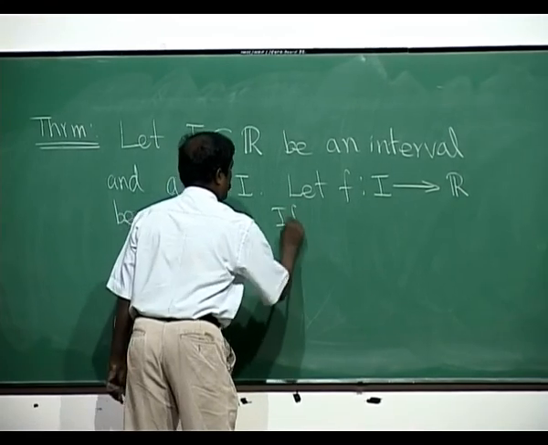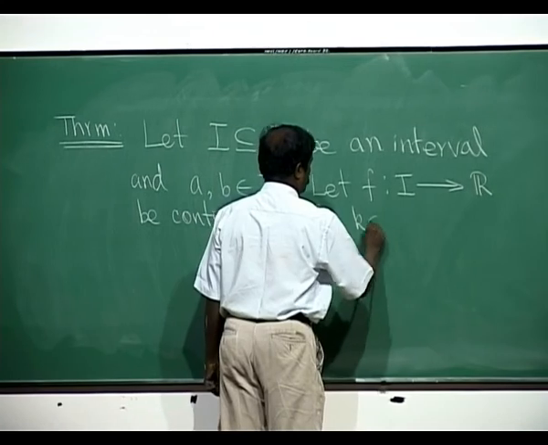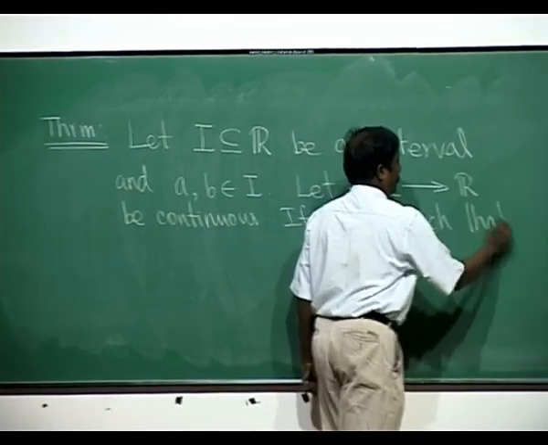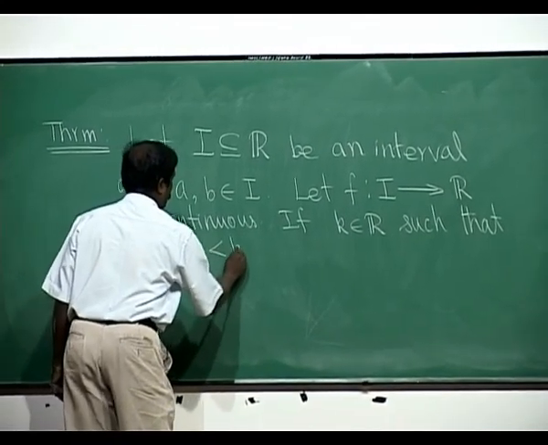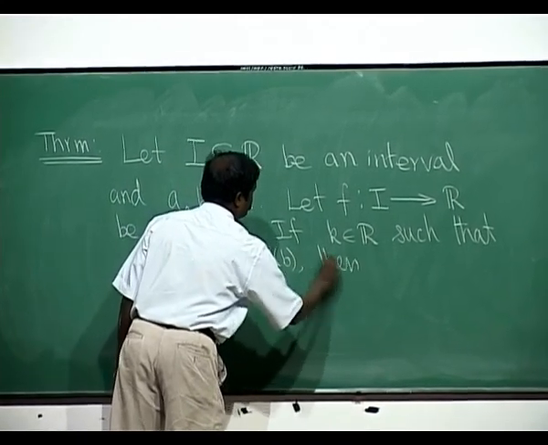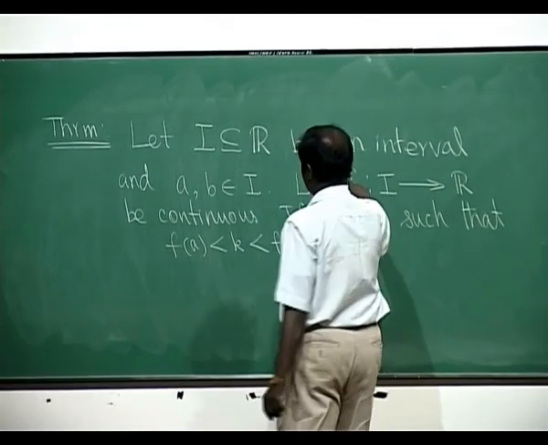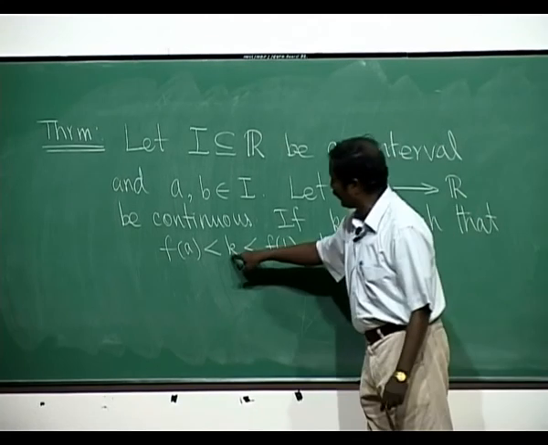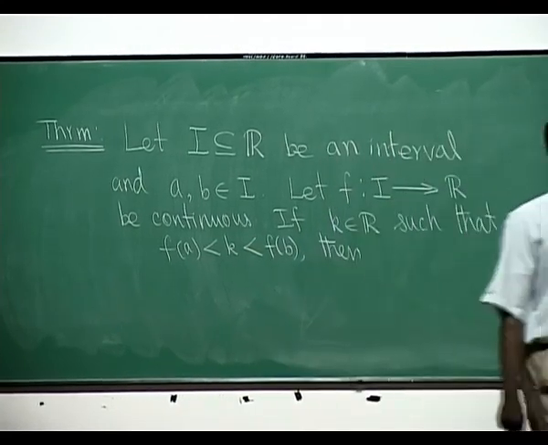If k is such that f of a is less than k is less than f of b, then so f is a continuous function, f of a is less than f of b, and this value k is in between, then what can we conclude?